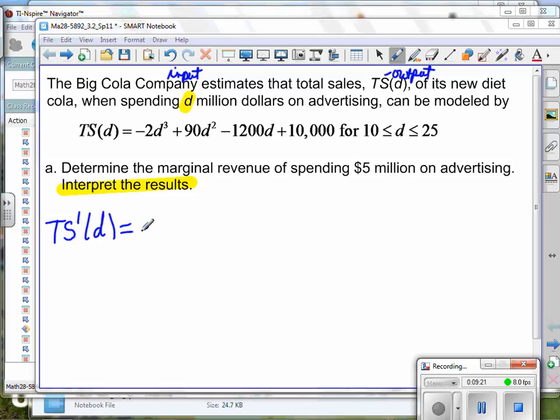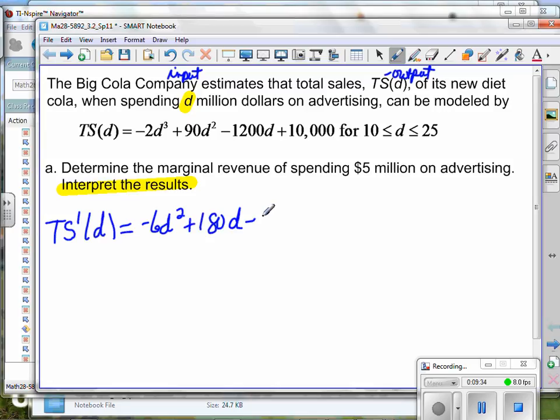The table here, what'd you come up with for your derivative? Okay. And when you evaluated that at 5, what did you come up with? Negative 450.